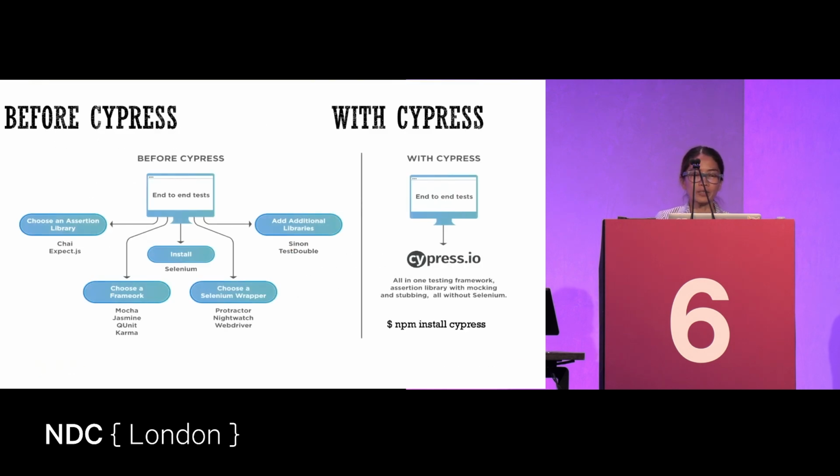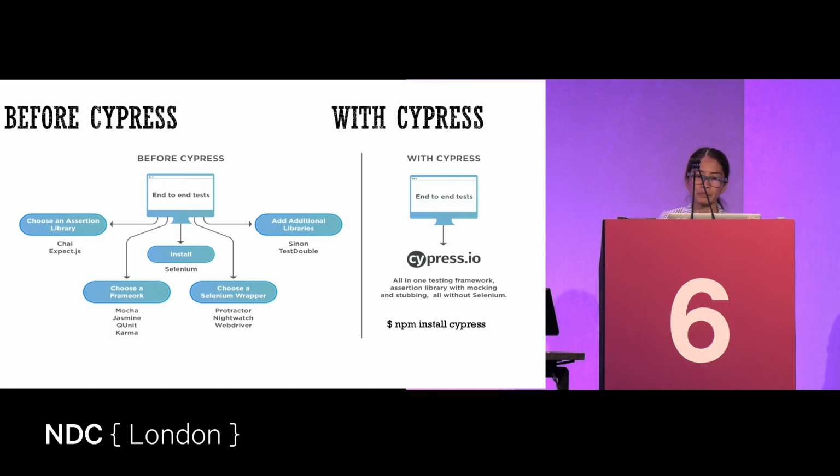So, okay, we have this before Cypress and now with Cypress. Like what I said, Cypress is like having a one-man army when it comes to end-to-end testing. The cool thing about it is that we don't need to install a lot of libraries or external tools for our framework or assertion libraries and other additional libraries.